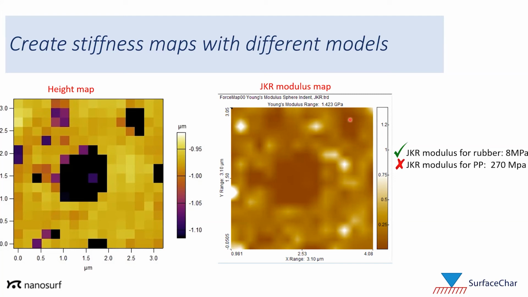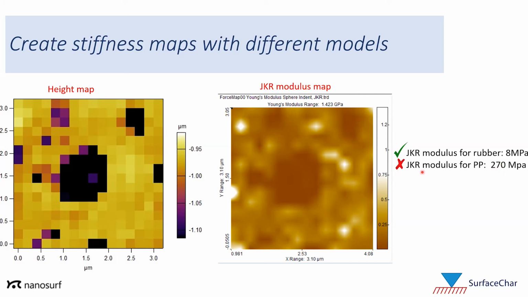And here's another rubber domain, and another one, and another one. Okay, so that's good. Now when we actually make the measurement, we can see that the JKR modulus for the rubber is 8 megapascals, which is about right. But the JKR modulus for polypropylene is actually off. It's very low; it should be around 1.5 to 2 gigapascals.